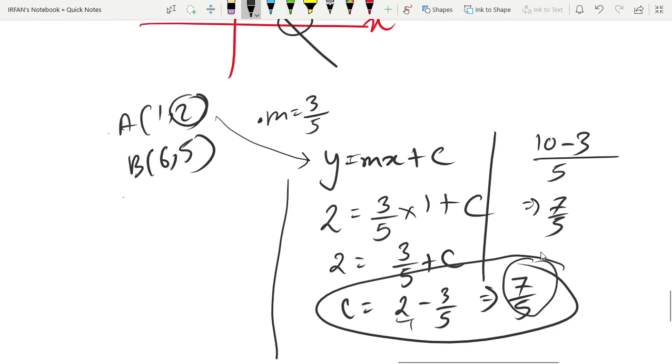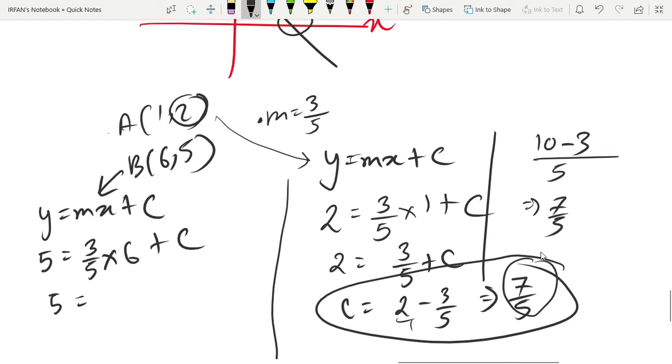Now can you try using the second coordinate? Let's see if you can solve using the second coordinate. Okay, let me do it. So we know that y equals to mx plus c. Instead of y, we are going to put 5 from here, then 3 by 5 into 6, plus c.